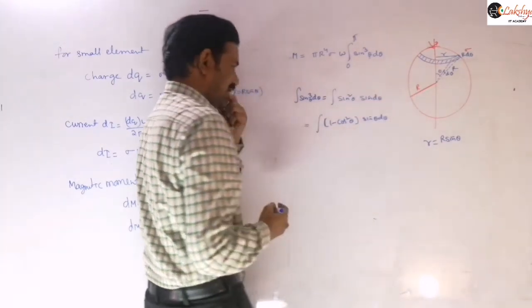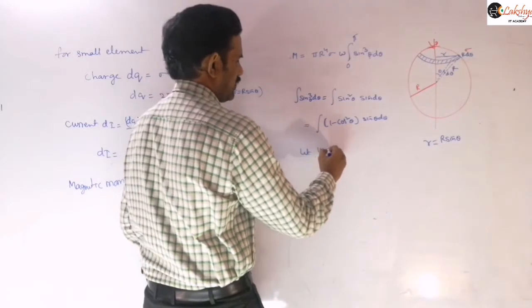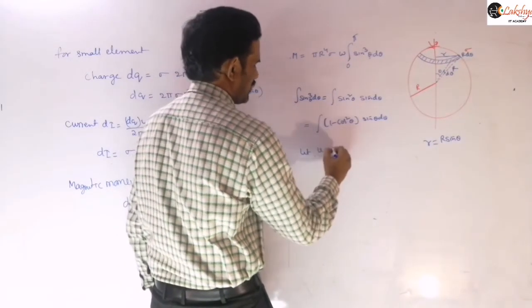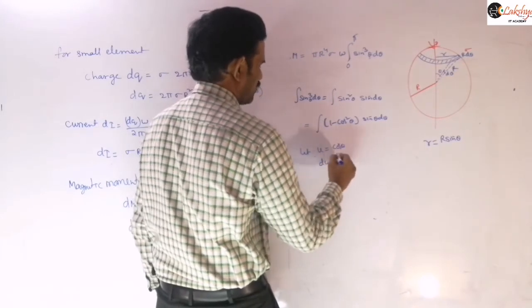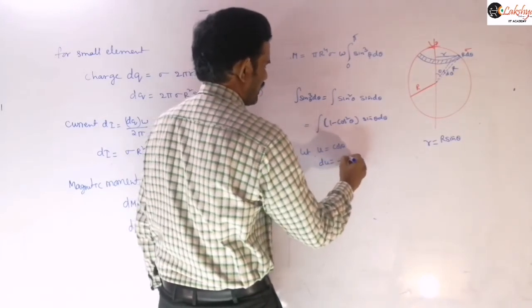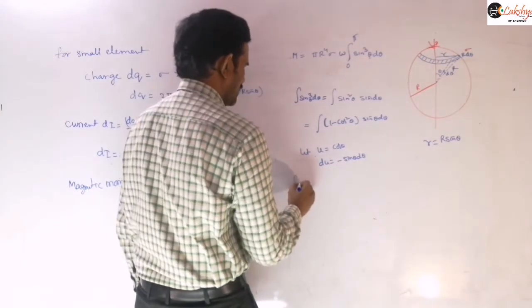Here we generally use the substitution method: let u is equal to cos theta, therefore du is equal to minus sin theta d theta. Let us use that in the substitution.